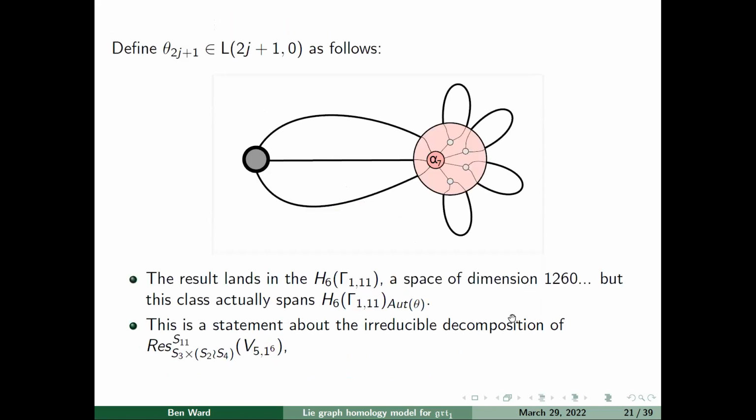What I'm really saying here is a statement about just group theory. For the automorphism group of this graph, I can permute these three guys here, I can permute the four tadpoles, and I can switch the two legs, or the two flags, in the tadpole. That's where I get the automorphism group: S3 cross S2 with S4. The S4 is the tadpoles, the S2 is the flipping, and the S3 is these three edges.